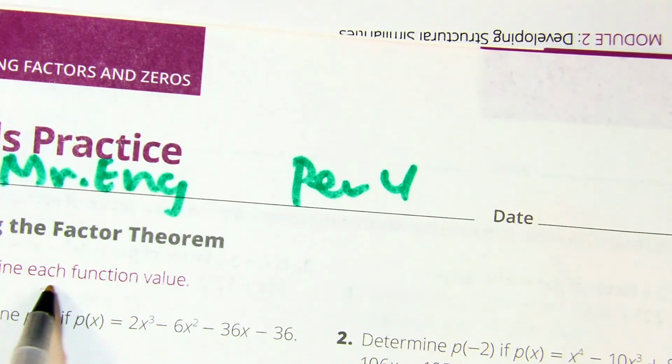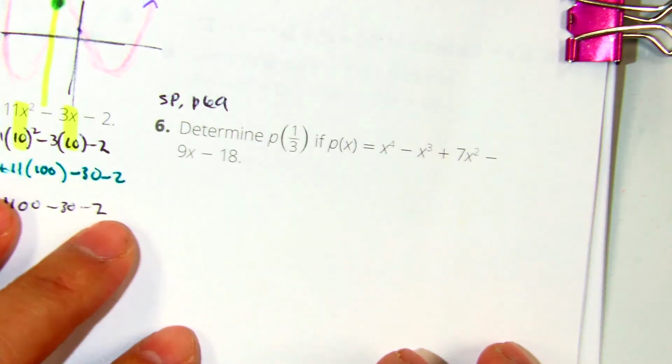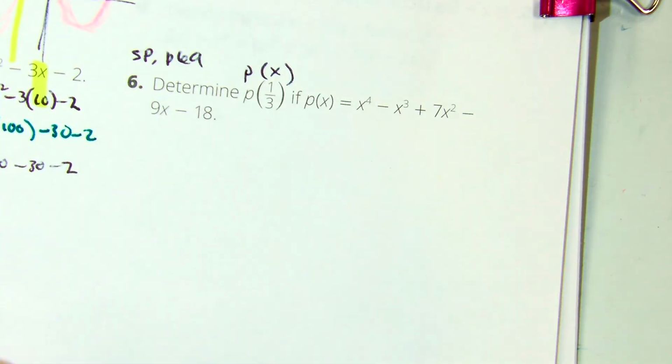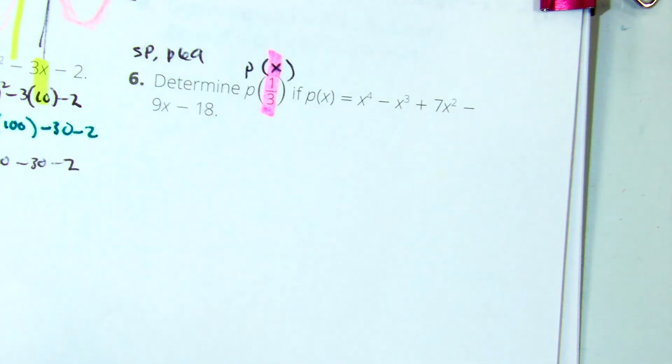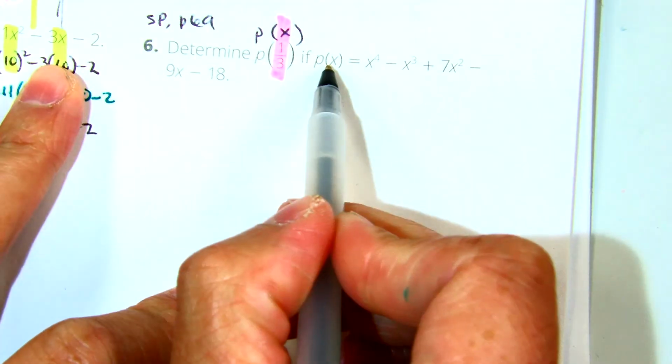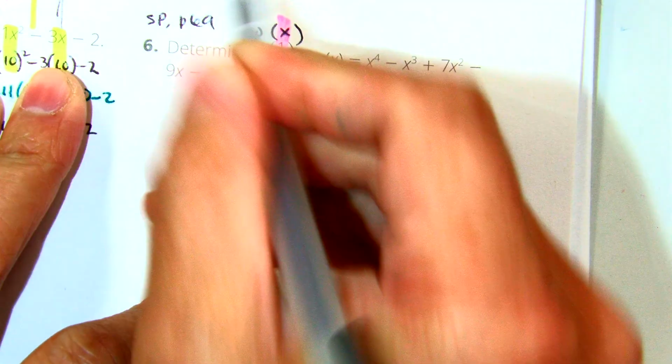Determine each function value. We learned on Friday that if you put p of x right above this, you'll see that your x value is going to be 1/3. Now, I'm going to write this problem out again because it got cut off into the next line.